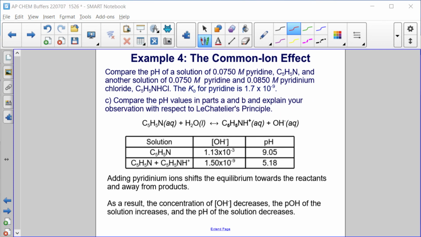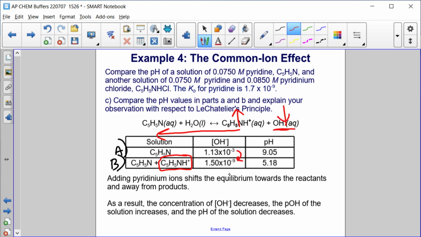All right, now finally in part C, let's compare the pH values in part A, where it's just pyridine, and part B, where we have pyridine and pyridinium chloride. The addition of pyridinium ions shifts the equilibrium toward the reactants, away from the products, which results in a decrease in the hydroxide ion concentration, which you can see here.